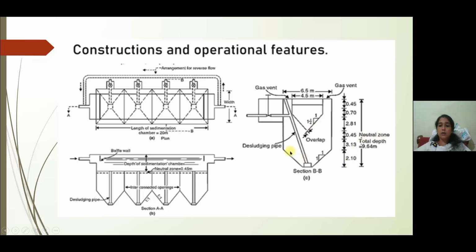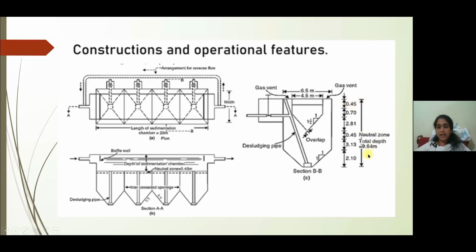The total cone depth is 2.1 meters, the total rectangular portion depth is 3.13 meters, the conical portion in the sedimentation chamber is 2.81 meters deep, and the rectangular portion depth in the sedimentation chamber is 0.7, with a freeboard of 0.45.